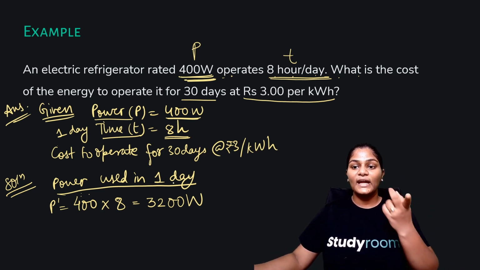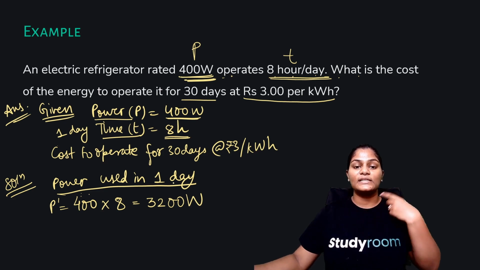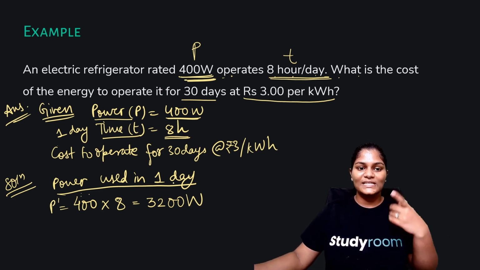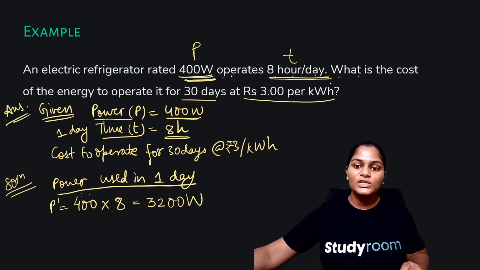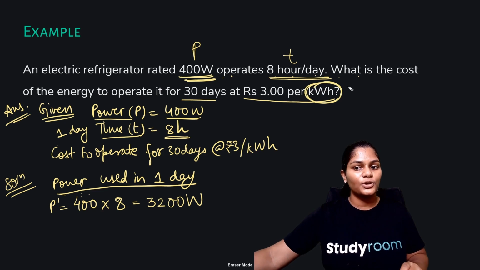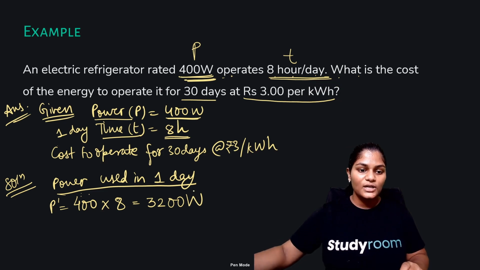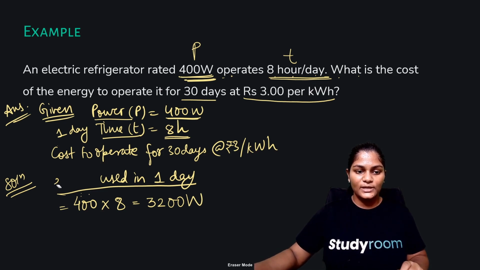Now this is given to me for 1 day. Now what do I have to calculate? I have to calculate the cost of the energy to operate it for 30 days. Now don't get confused because it says energy here but we only have power and time. Why? Because look here, this kilowatt hour is a unit of energy. Sorry, this is actually not power, this is energy.